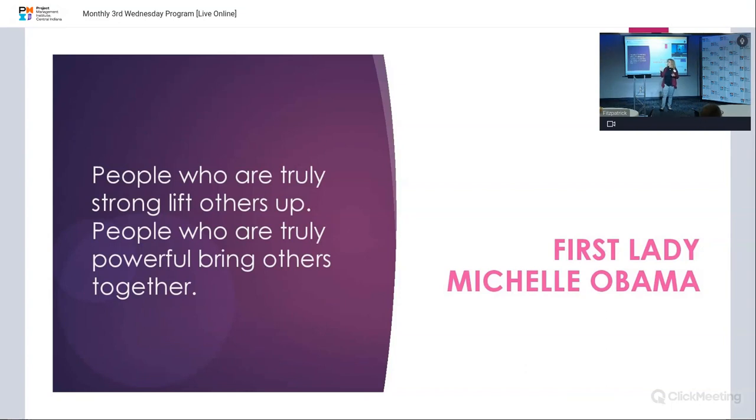This one came up: people who are truly strong lift others up. People who are truly powerful bring others together. So that was one of our mottos. I started putting different quips and different quotes on the tops of our meeting minutes. Something for us to rally around in the face of some of that adversity that we were struggling with on these teams when the workload just seemed too much.